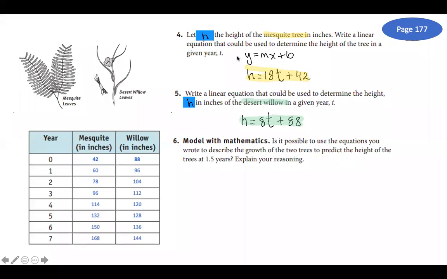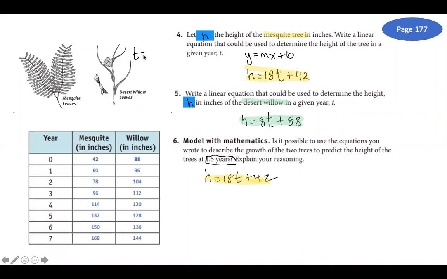We did this on the last quiz, didn't we? The quiz you just took. So let's start with the mesquite. Make it yellow. So for the mesquite tree, I can predict how tall the tree was at 1.5 years. I am just going to substitute 1.5 for years, right?